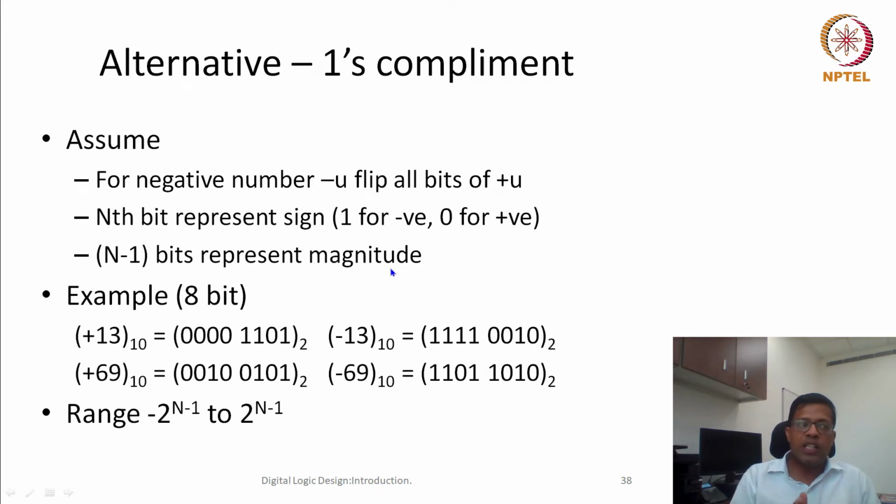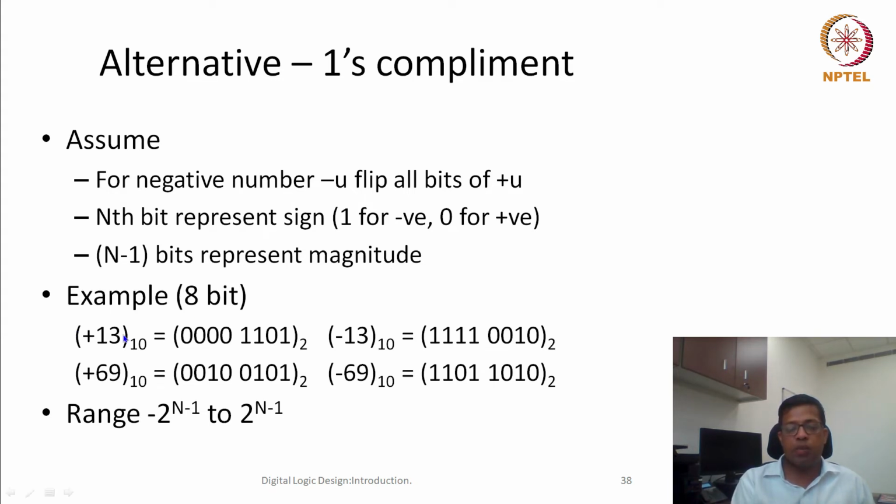So in a way this is very similar to sign magnitude, where one bit is reserved for sign and the rest n-1 bits represent magnitude, but the order is different because here we are inverting the bits. So let's take an example.